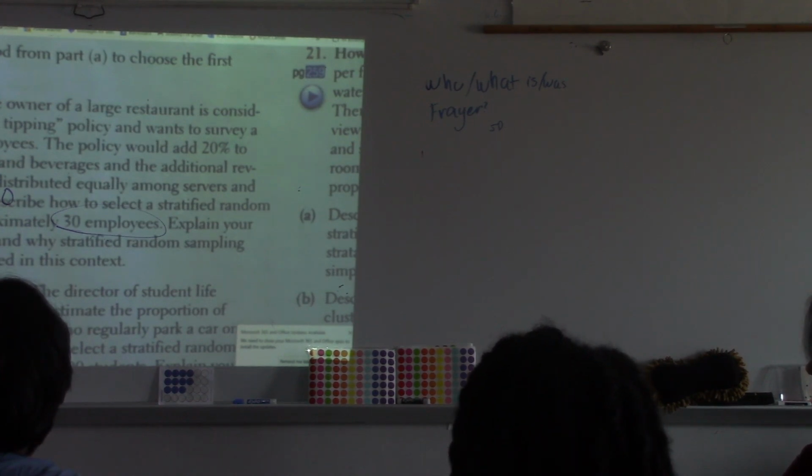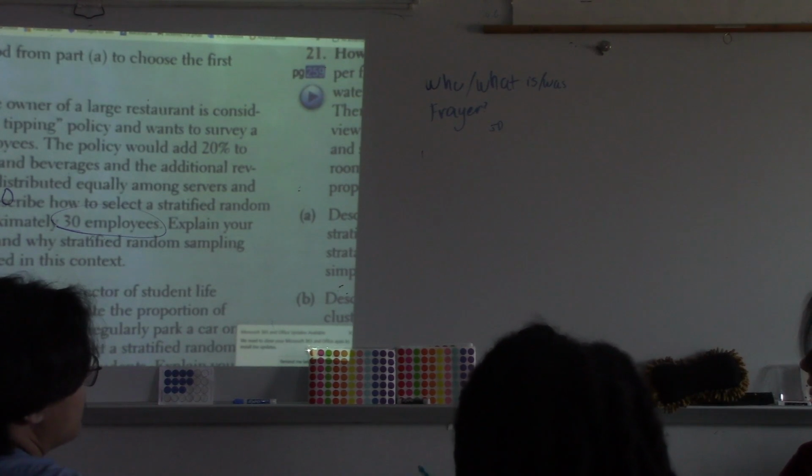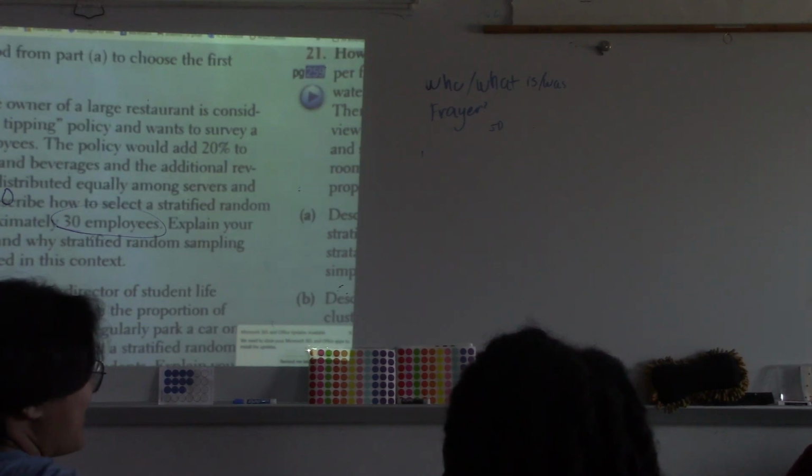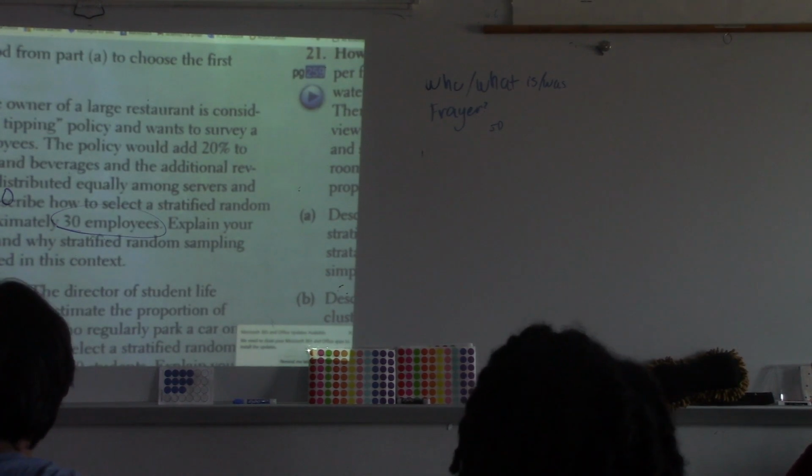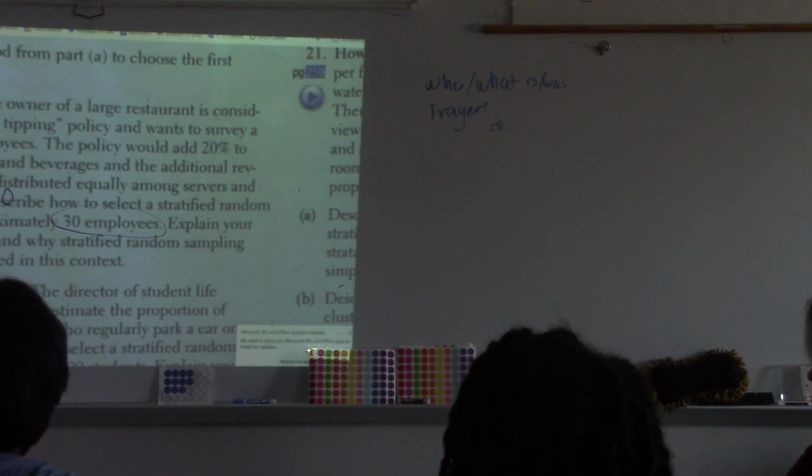So do I have to say that? No, but if they do give that kind of detail, you would want to account for that, right? So just keep that in mind. But split them into groups based on servers and kitchen staff on the AP exam. You would want to clarify it is because servers and kitchen staff may feel differently about that tipping policy.